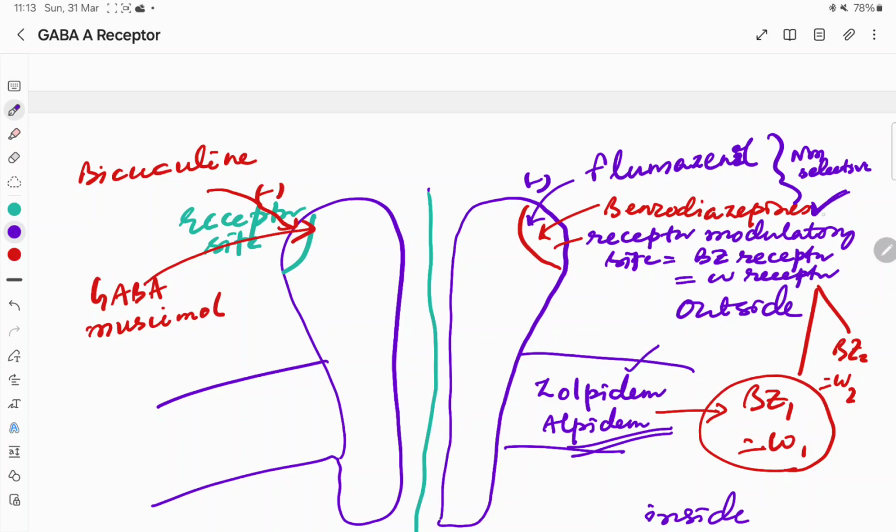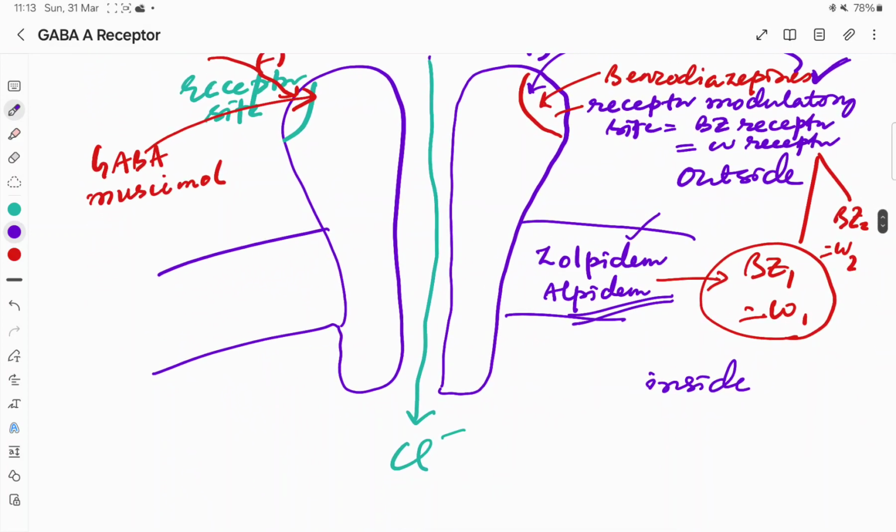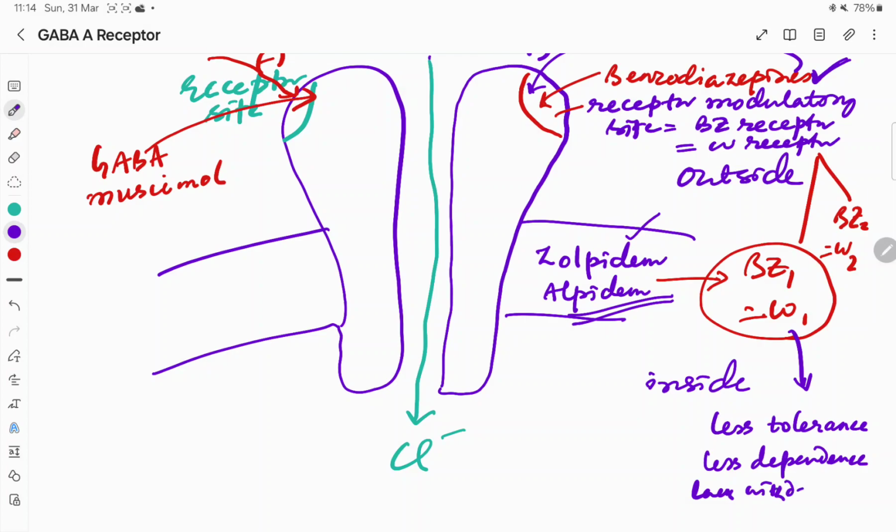And the other disadvantages with benzodiazepines, like tolerance, dependence, withdrawal syndrome, are also absent with these drugs because they are BZ1 selective. So BZ1 selective drugs have less tolerance, less dependence, and so they lack the withdrawal symptoms.